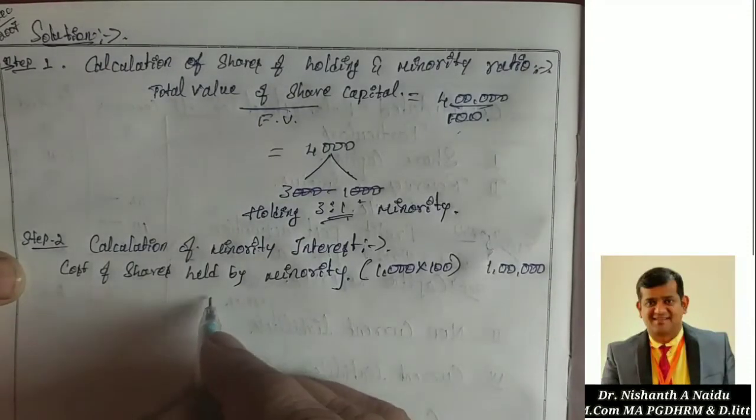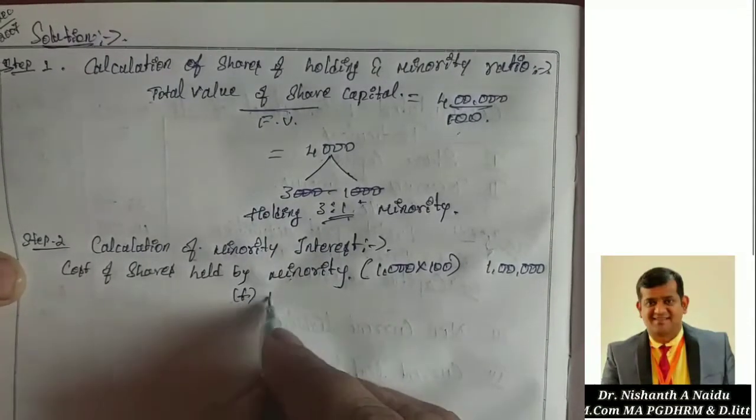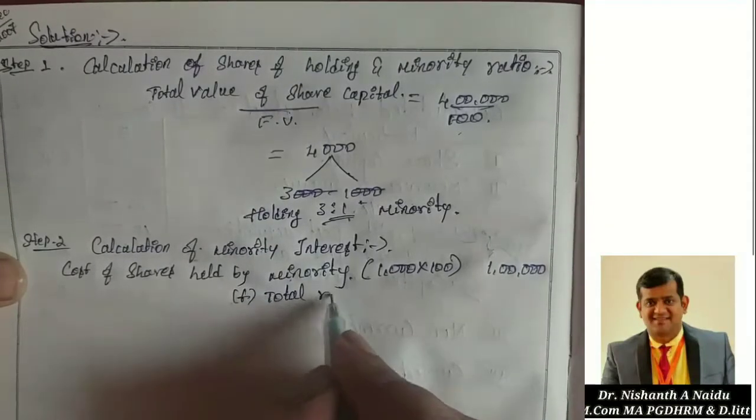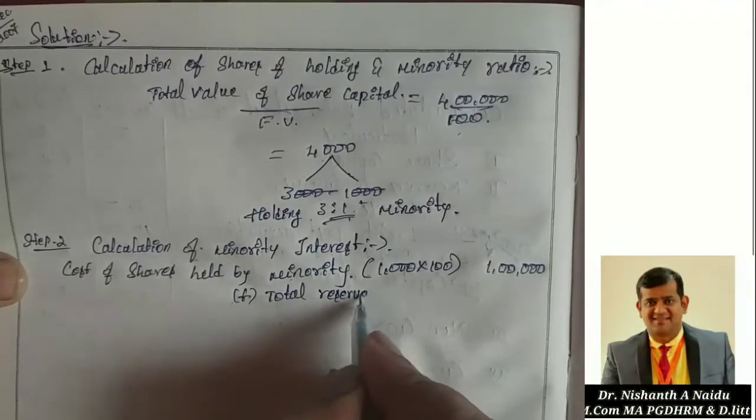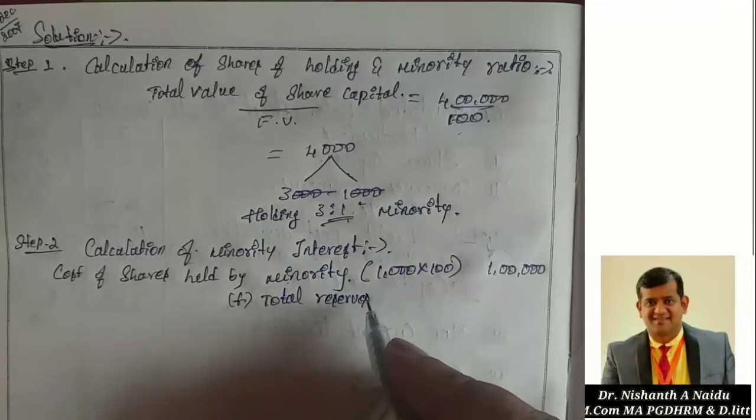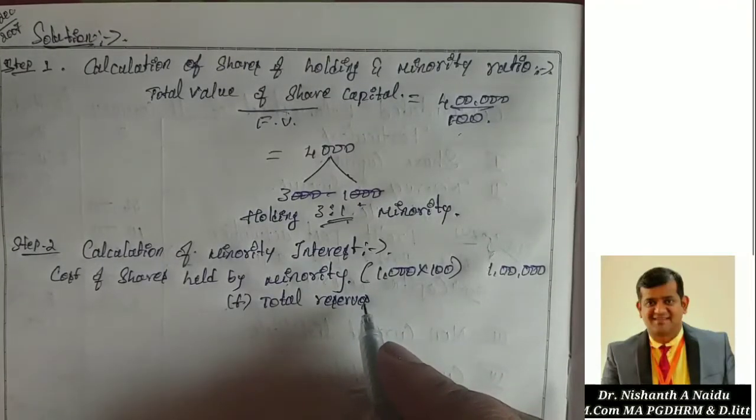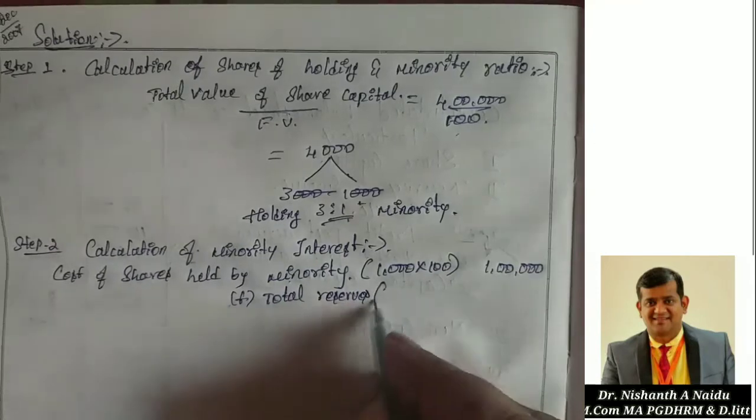Add total reserves. So what is the reserves they have given? General reserve. Don't take capital reserve, general reserve. So general reserve of Q Company Limited is 1 lakh.